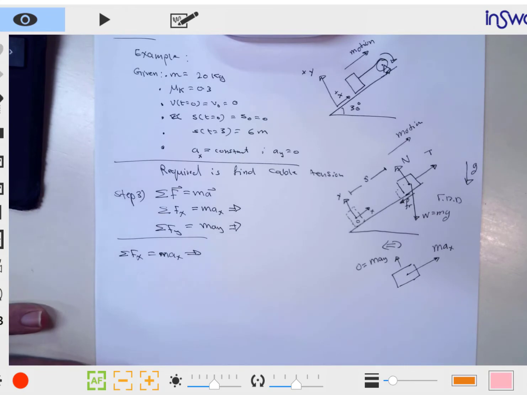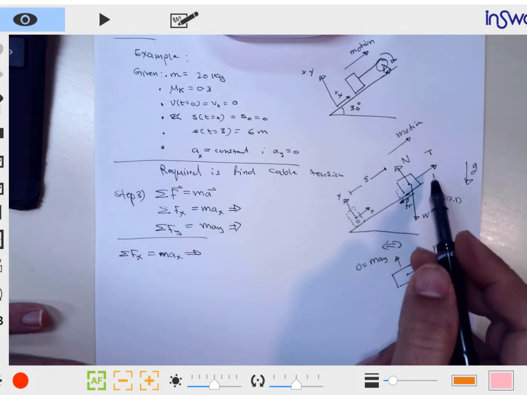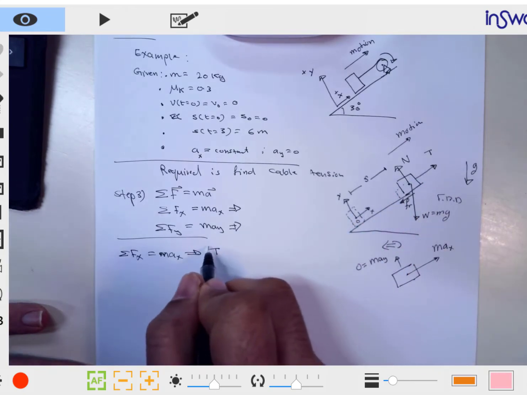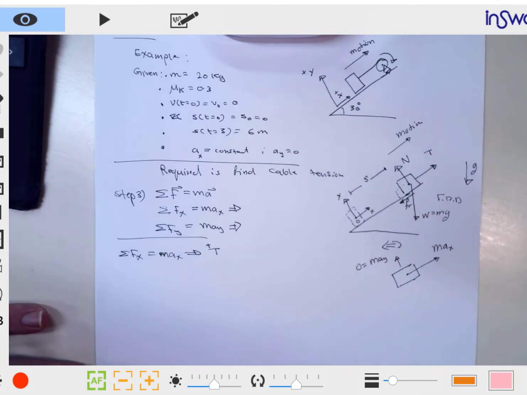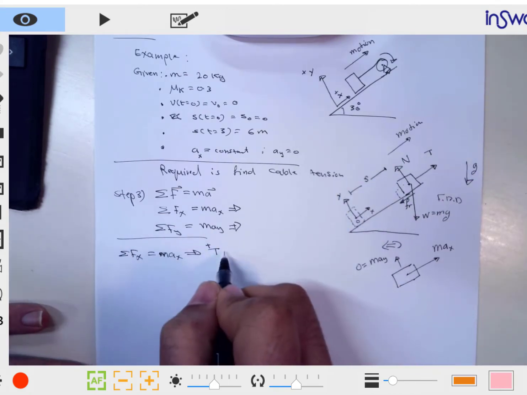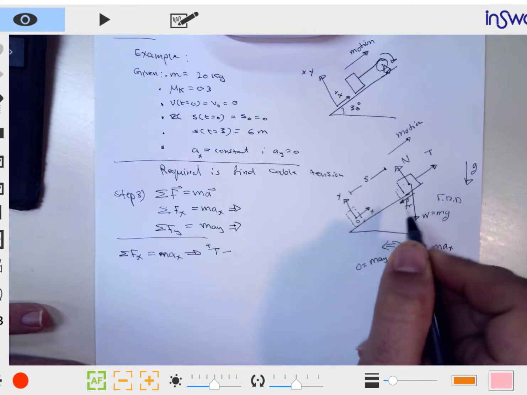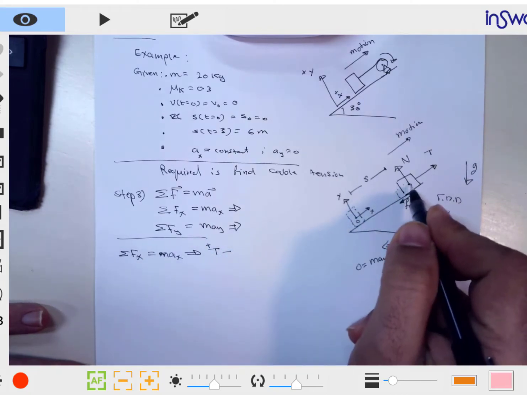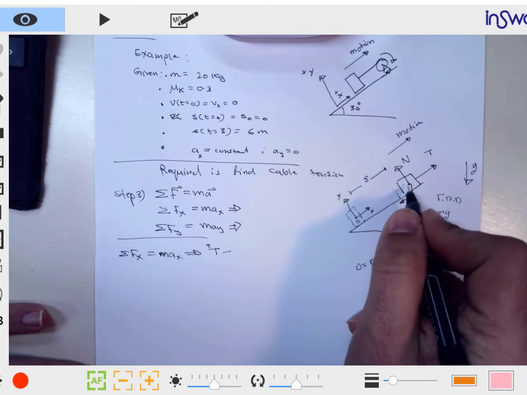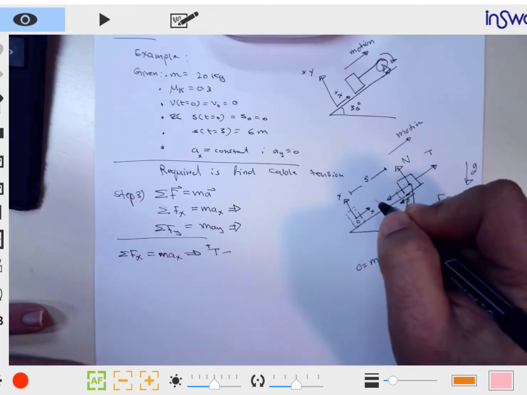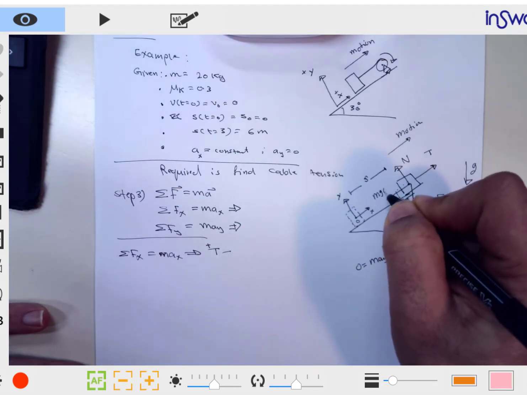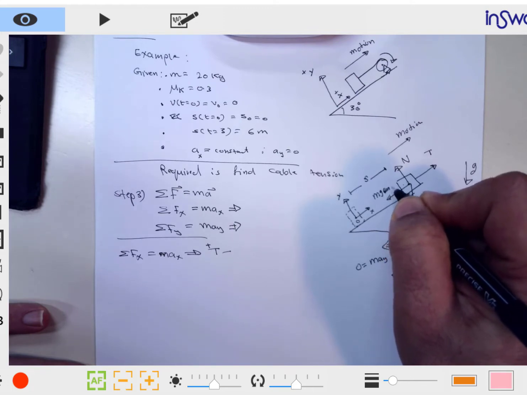And then what do we get? Okay, so I need to resolve. So we have a T positive in the direction of X, right? Minus the component of the weight in the X. So it's going to be in this direction, the component. It's going to be mg sine 30.